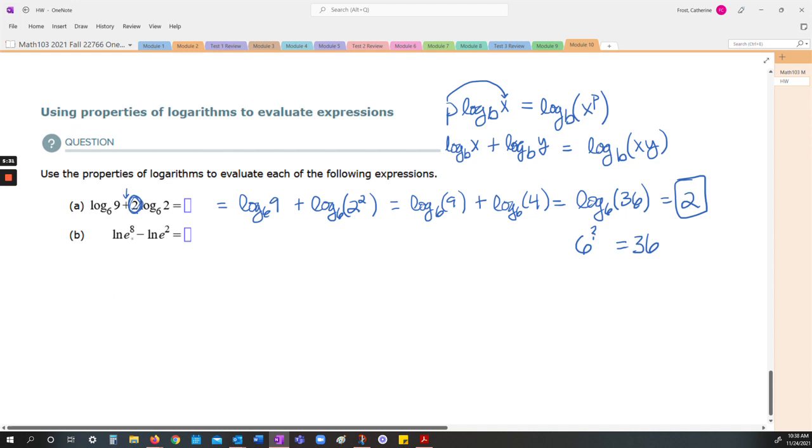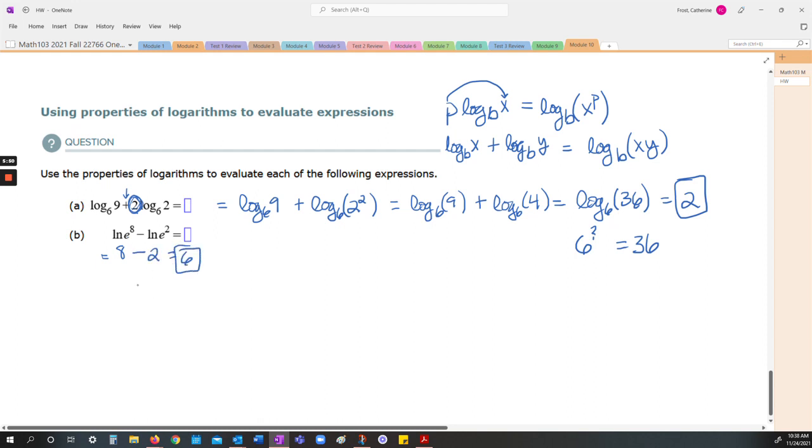I'll just start talking about it. Natural log of e to the 8th power is just 8, right? It's the log base e of e to the something. You could even put it in your calculator. So this is equal to 8 minus 2, or 6.